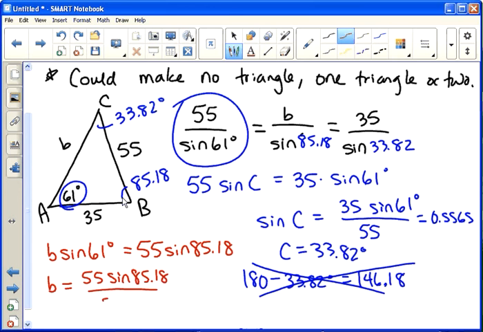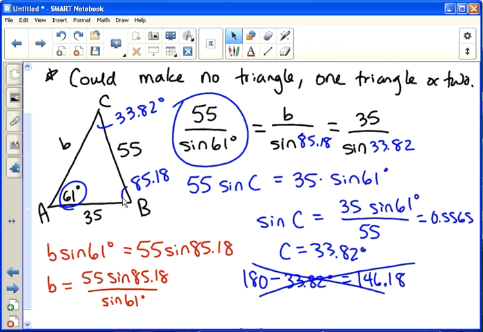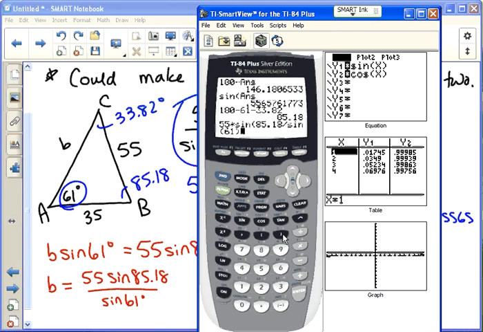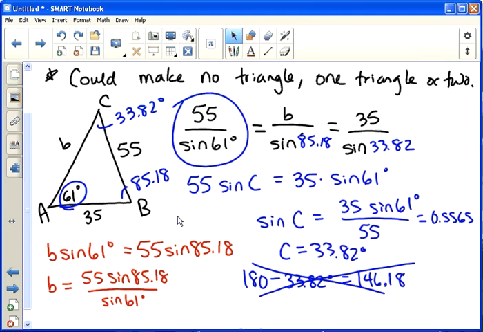And we'll see what we get. 55 times sine of 85.18 divided by sine of 61. Don't forget, you've got to close that parenthesis. Alright, there we go. We get 62.66. So the length of side B is 62.66. So we now know all the pieces of this triangle.